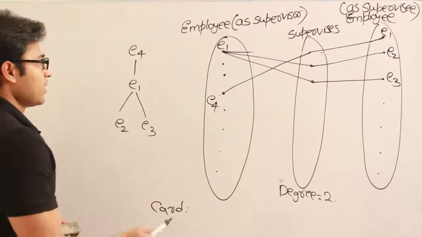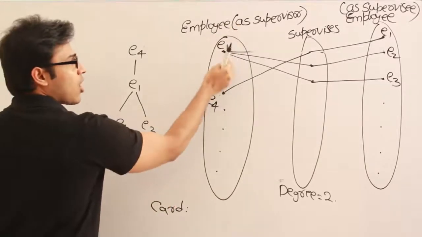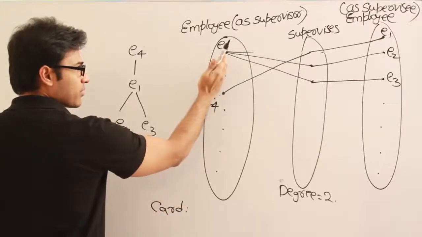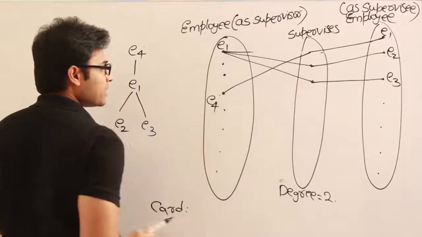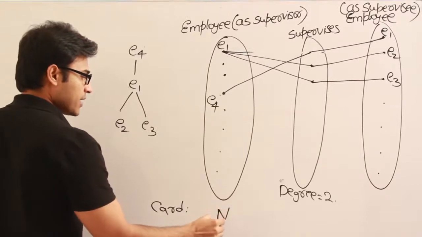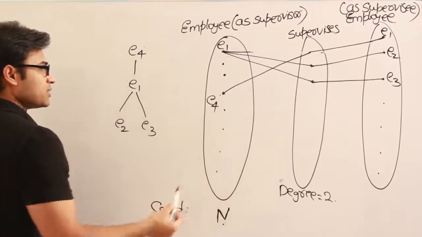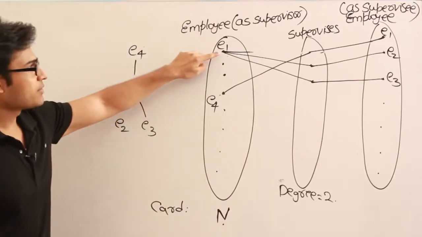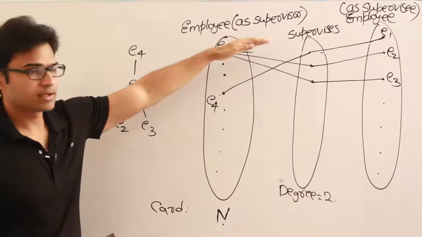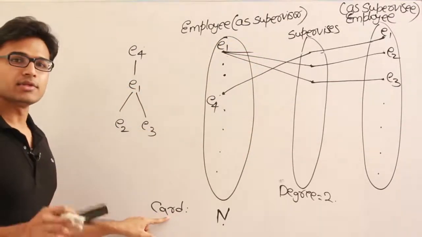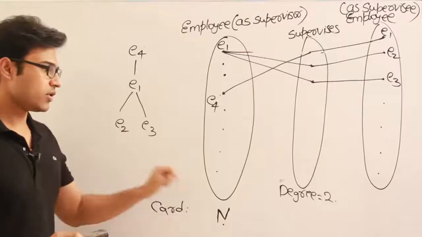As a supervisor, an entity can participate in many relationships. Therefore the cardinality, which is nothing but the maximum participation, is n.